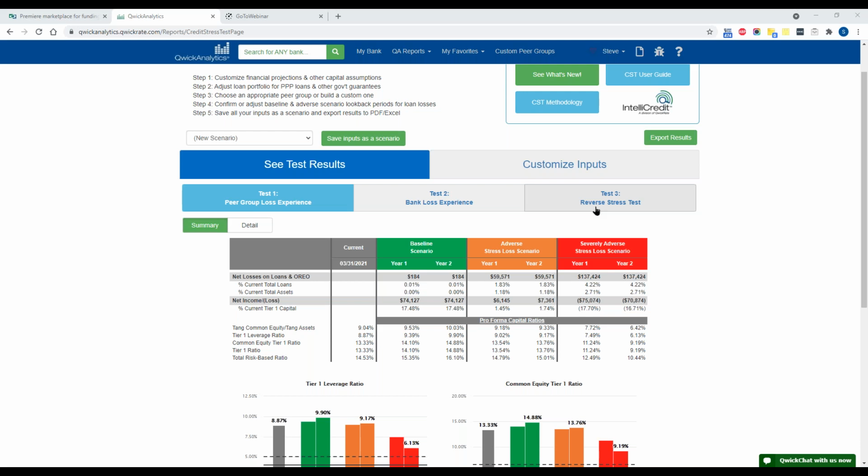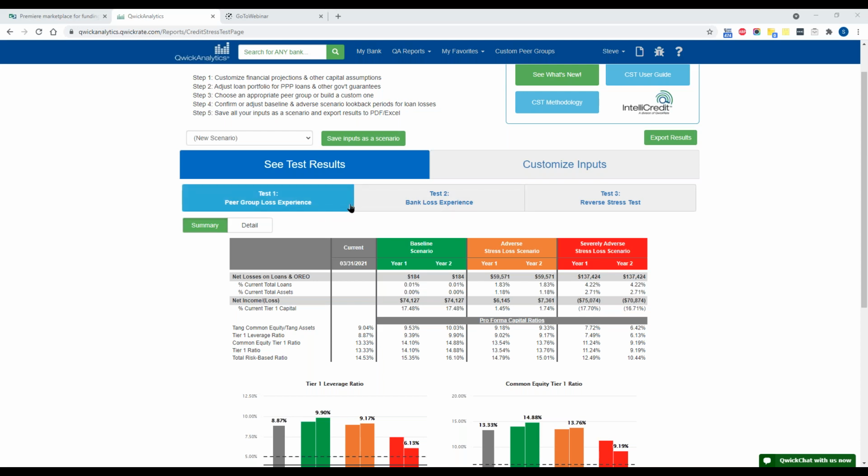Instead of reprojecting loan losses and using that to reproject earnings, and then using that to finally reproject our capital, as we do in these tests, we're starting at a specific capital level, like the minimum to be considered well capitalized or adequately capitalized, and working backwards to calculate what levels of losses we would have to sustain in our portfolio over the next couple of years for our capital to drop all the way down to these preset future thresholds. So again, it's why they call it a break the bank test. It lets you know exactly how bad things would have to get to break the bank.